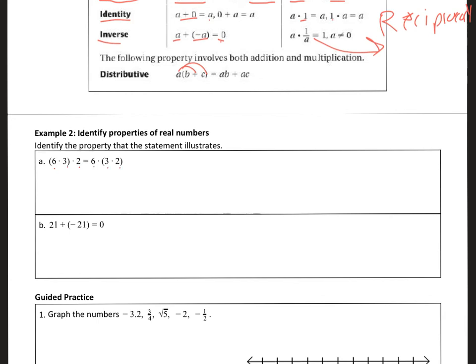So it's not the commutative property. It has to be the associative property because I changed where those grouping symbols were. So I would say, and you guys can kind of abbreviate with these, I'm okay with that, this is the associative property of multiplication. The associative property of multiplication.